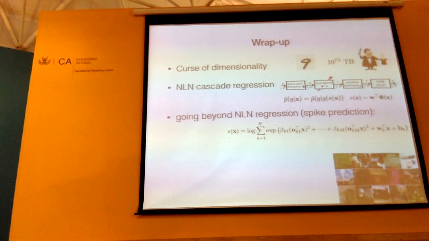I introduced a model based on a mixture model, which can be seen as a natural extension of these generalized linear models, where instead of having just a linear filter here, you have a couple of quadratic terms, and you have several logs of them.